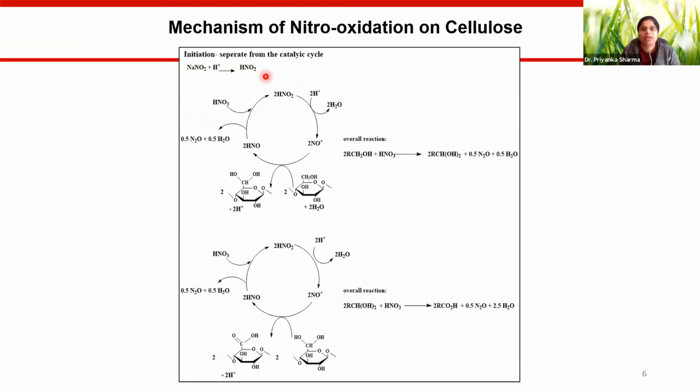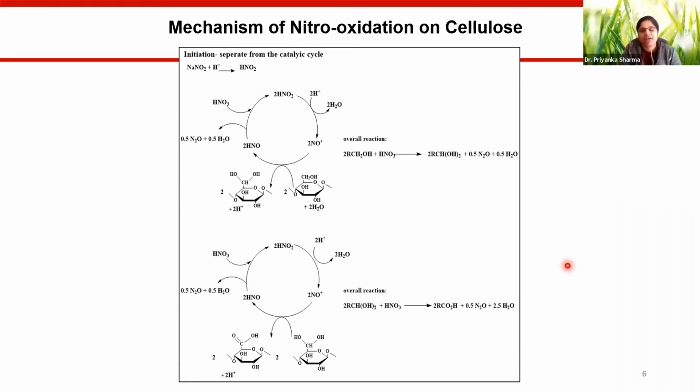This is about the mechanism of the nitro-oxidation process on cellulose: once nitric acid interacts with sodium nitrite, it generates nitrous acid, and this nitrous acid in the presence of nitroxonium ion oxidizes the cellulose, finally into carboxyl groups, which is what we wanted to have.